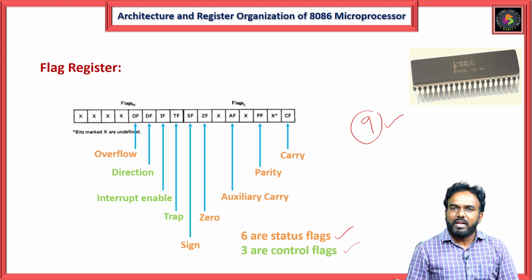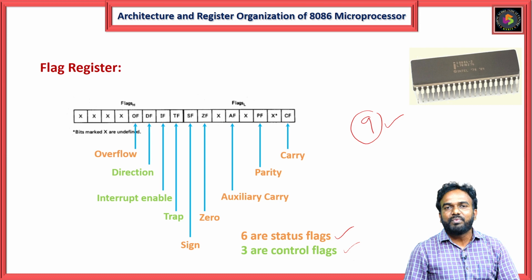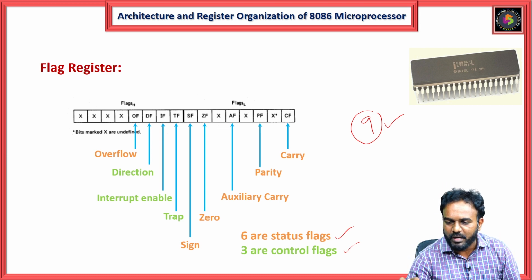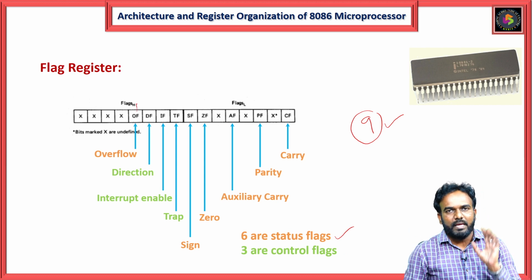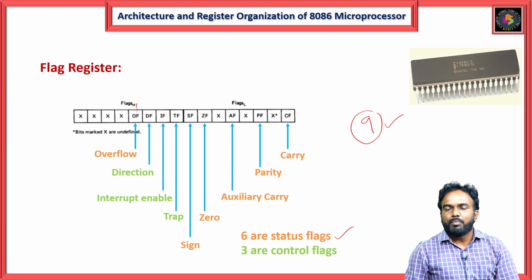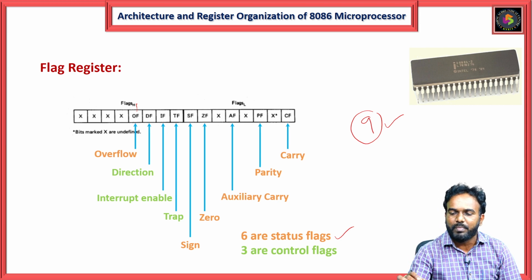Whenever we perform any operation, if the result gets overflowed, the overflow flag bit goes to 1. That is, the overflow flag bit is enabled by setting the bit to 1. If there is no overflow, the flag bit simply goes to 0.